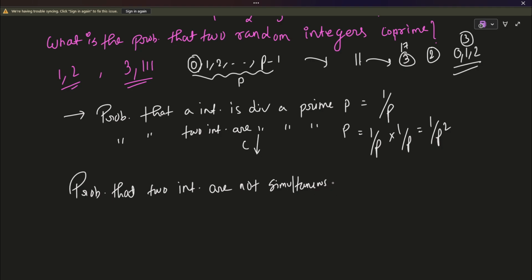The probability that two integers are not simultaneously divisible by p is nothing but 1 minus 1 by p square. And you know that every positive integer is either a prime or a multiple of some prime, or a combination of a bunch of primes. Now, if we want two numbers to be co-prime, they must have no common factors. That means there cannot be any prime in the whole world which divides them simultaneously.